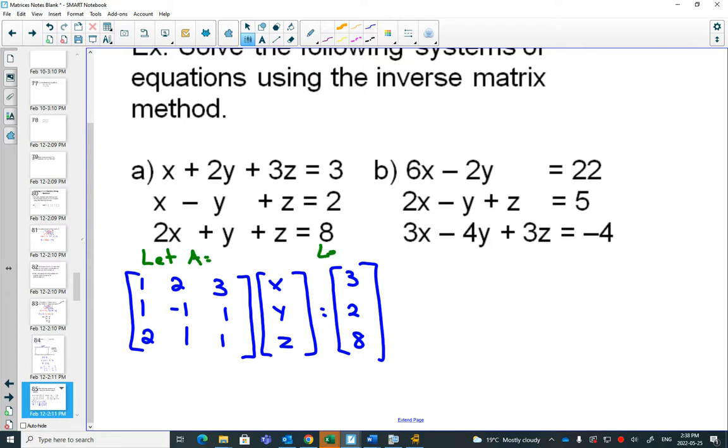And above this, I'm going to let A equal that one and B equal the other one, because then what I really have is matrix A times matrix X equals matrix B.